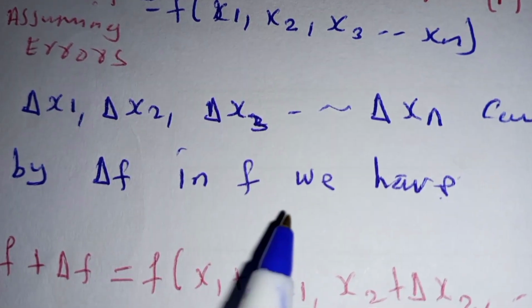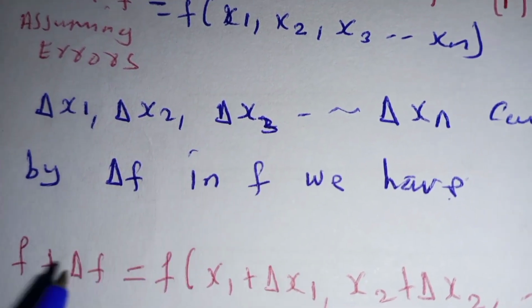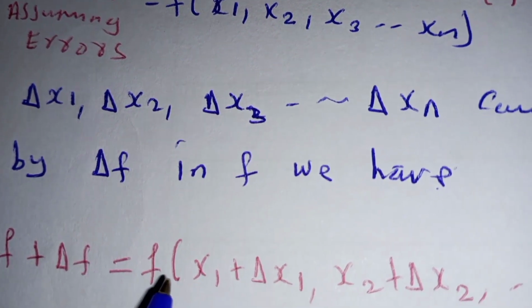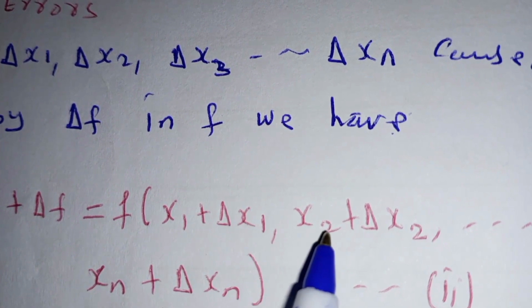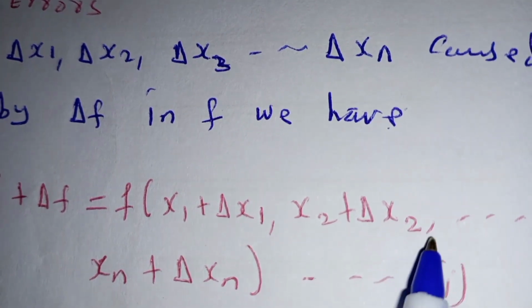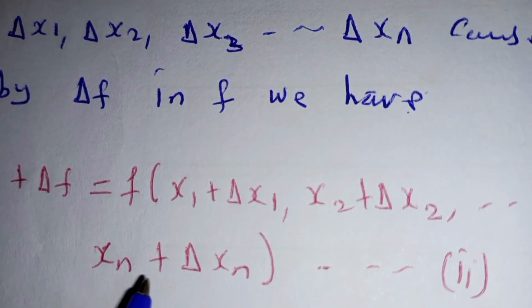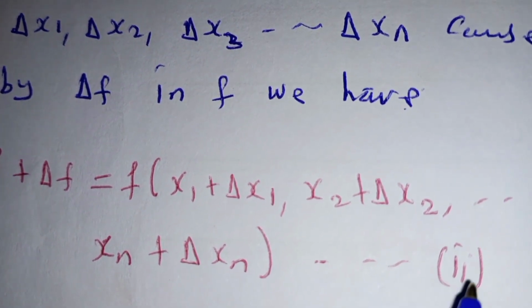So we can express the function f in terms of the error in f this way: f of x1 plus change in x1, x2 plus change in x2, all the way to xn plus small change in xn.